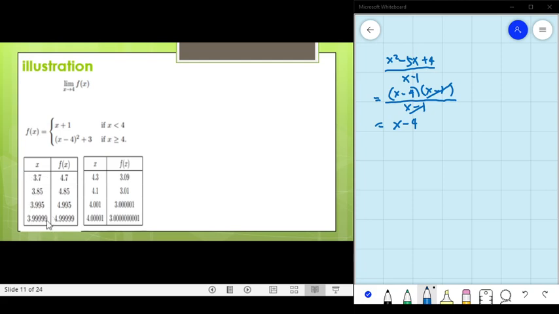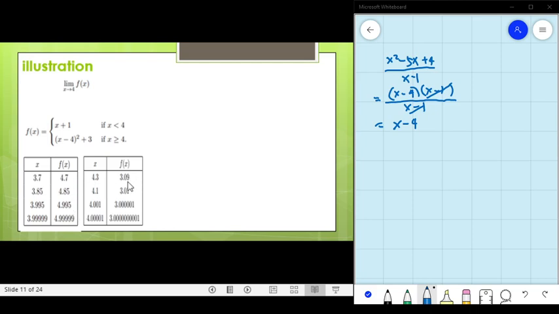Since these values are taken from the left of 4, we use this part. So we substitute: 3.7 plus 1 is 4.7, 3.85 plus 1 is 4.85.